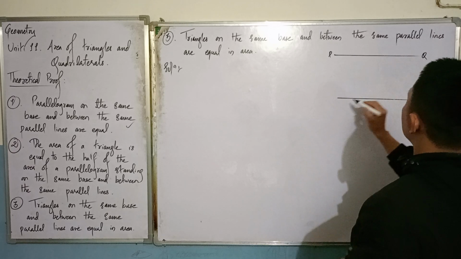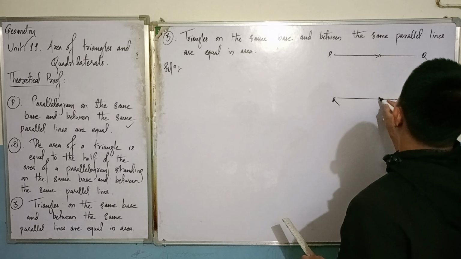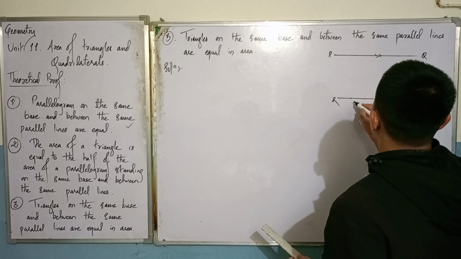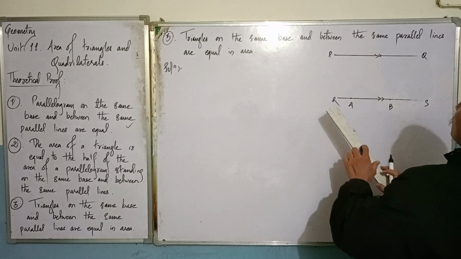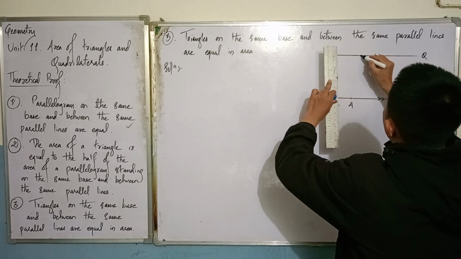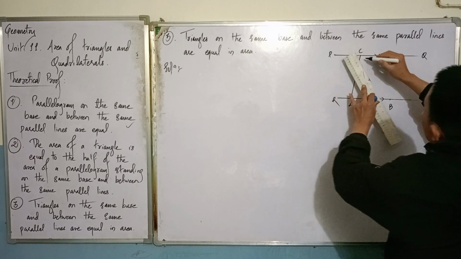I'll just write here PQ RS. So PQ RS gives two parallel lines, and let's say there is one base AB. So from AB, I'm making here ABC one triangle.